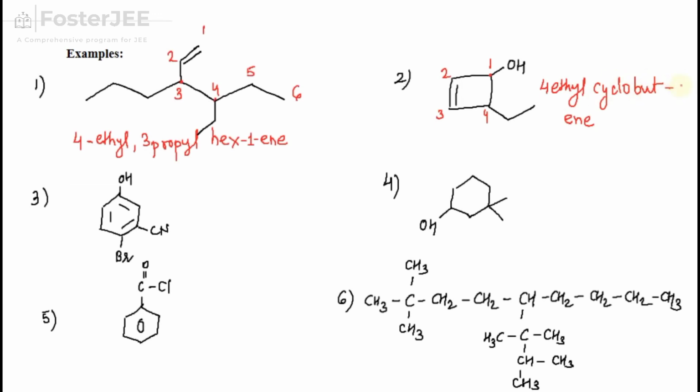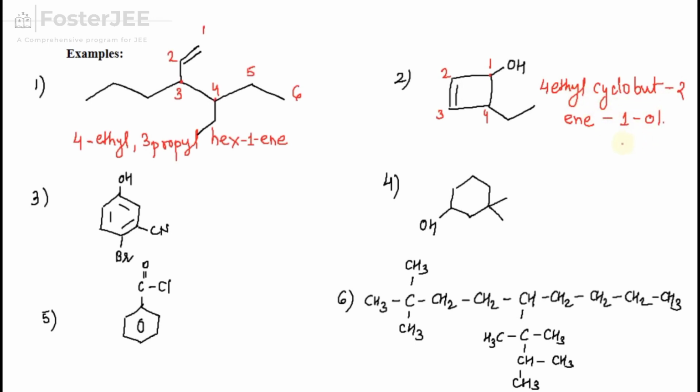So cyclobute 2-ene, and ol is the secondary suffix because this is the functional group and it is present at the first carbon. So ol is used as a suffix. So the name of the compound is 4-ethyl cyclobute 2-ene-1-ol.